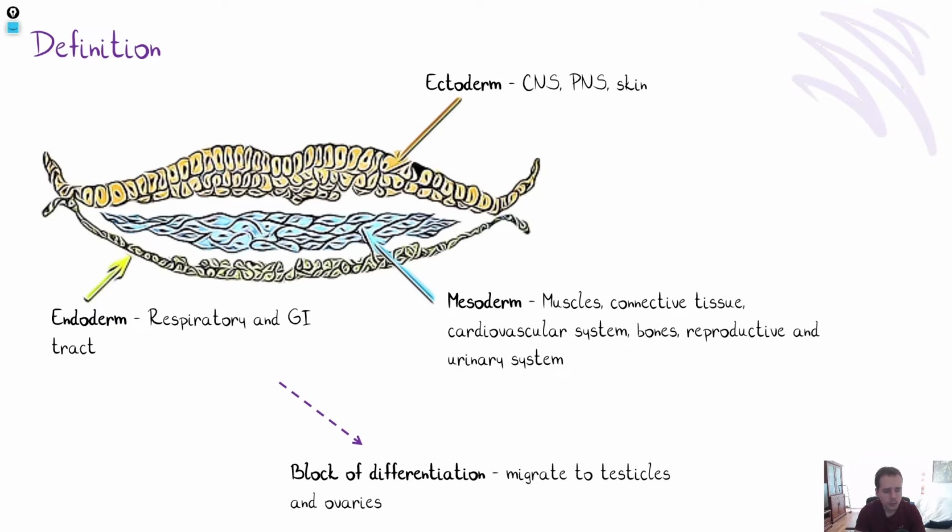And this is also the explanation why some germ cell tumors can arise in extragonadal localizations, such as mediastinum or retroperitoneum, because some cells can be stuck somewhere on the way and they can give rise to, for example, teratoma or seminoma in extragonadal localizations.